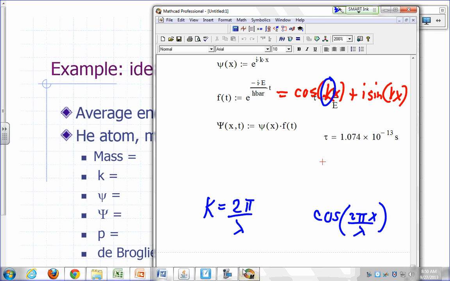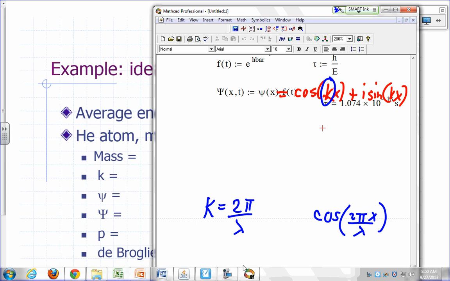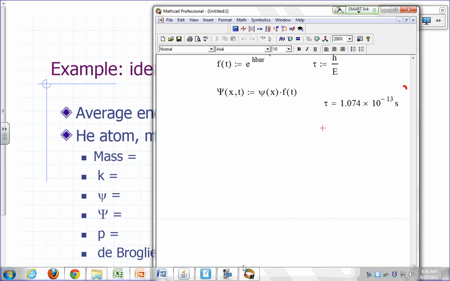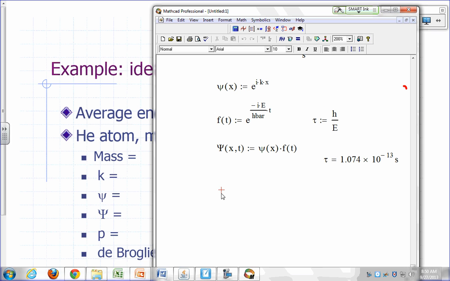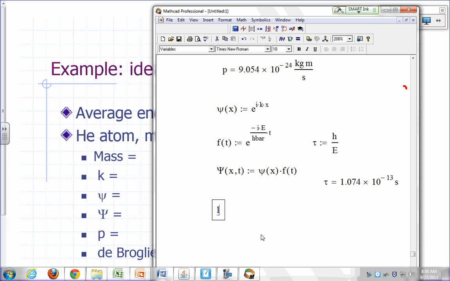Because then you're going to say, if I were to plot it from 0 to lambda, I know I'm going to get one cycle if it's a sine wave, or if it's a cosine wave, it's going to be like that, right? So, k is 2 pi over lambda. So what's lambda?